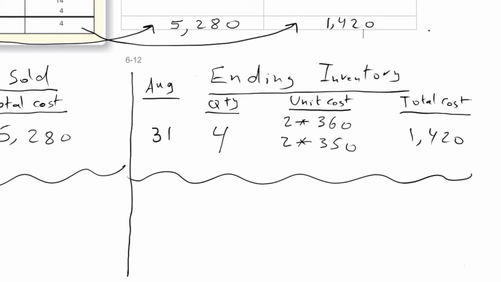Remember that your total cost of goods available for sale is always going to be the same, whether you do FIFO or LIFO or weighted average or perpetual or periodic. It doesn't matter. Okay.